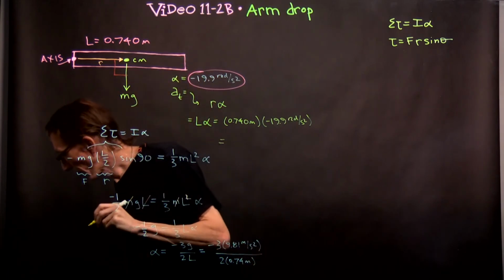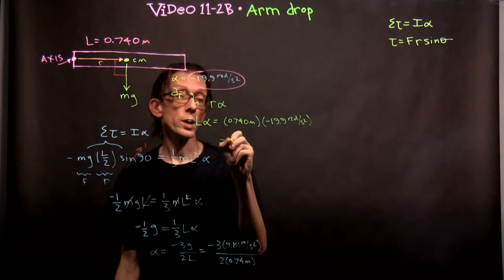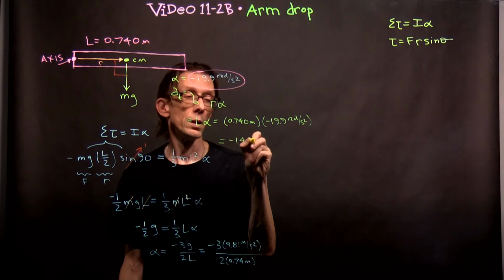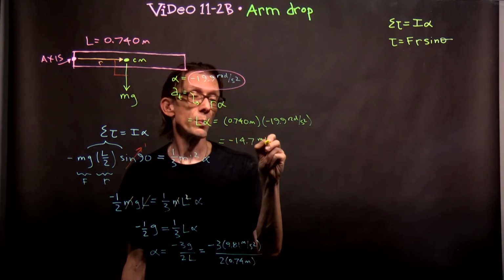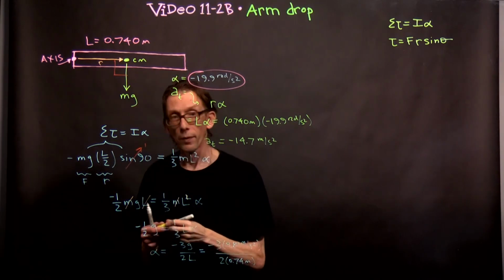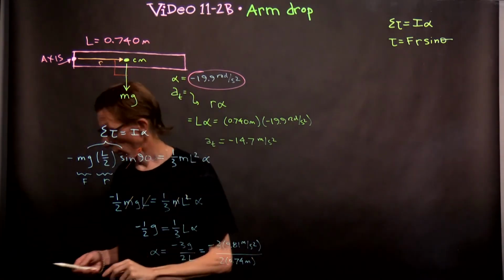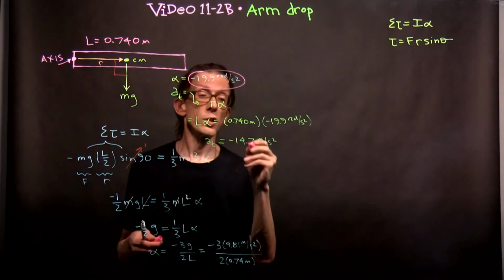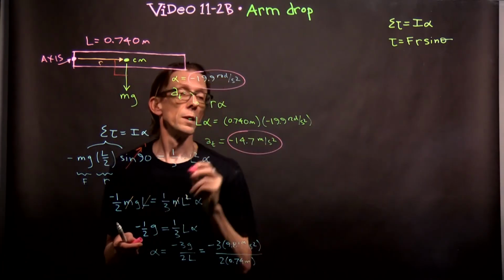You end up getting minus 14.7 meters per second squared. That is our answer for the tangential acceleration.